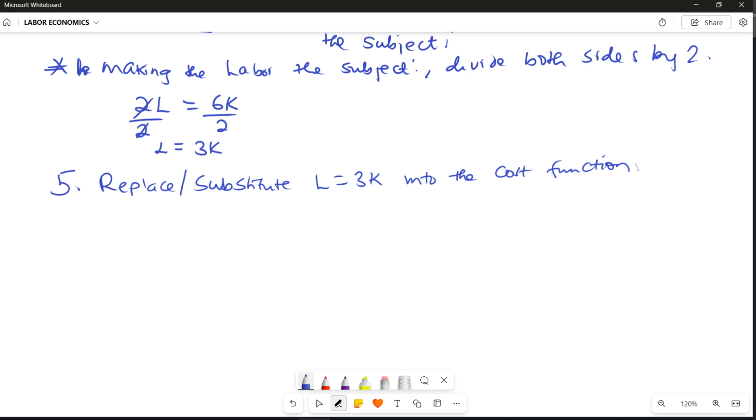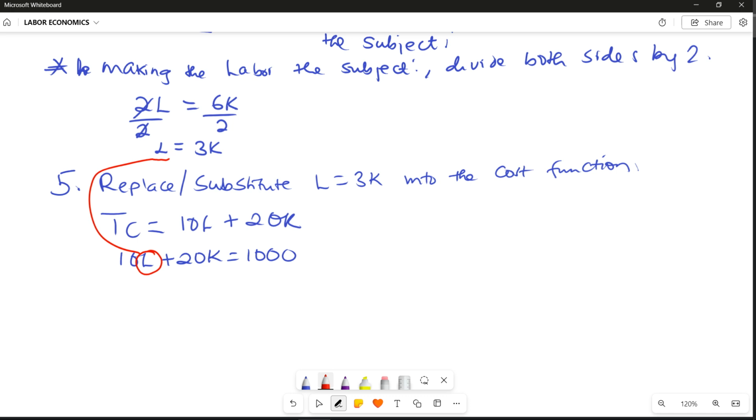Okay. Perfect. So let's do the substitution now. Remember, we said that total cost is equal to 10L plus 20K, and that 10L plus 20K should be equal to 1,000, because 1,000 was the budget for the inputs. Now we know what to put where there is L, because L is equal to 3K.